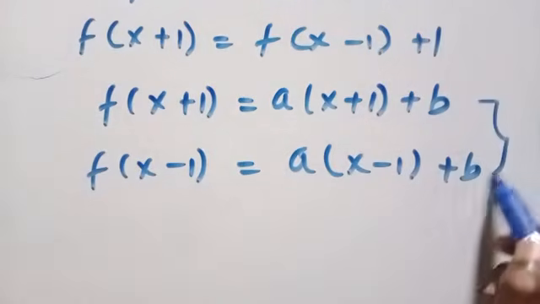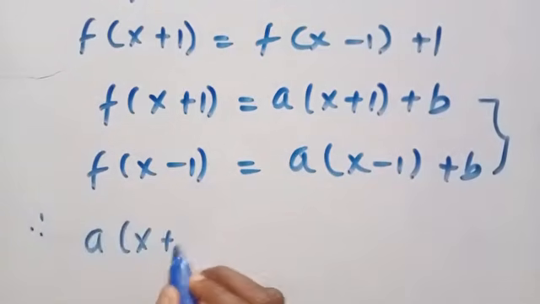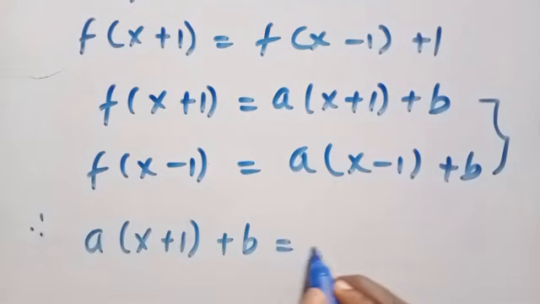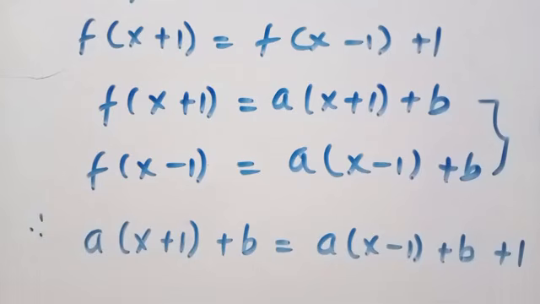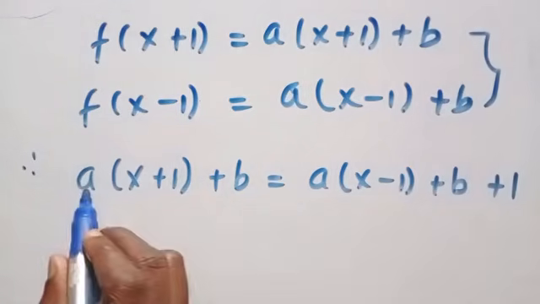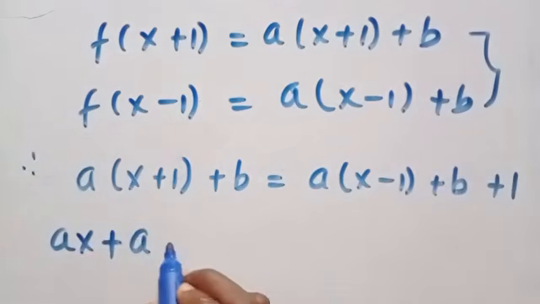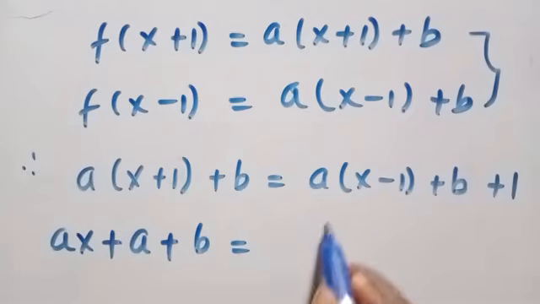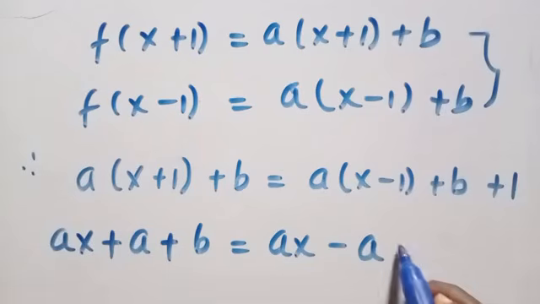By equating these together, we have a(x+1) + b = a(x-1) + b + 1. So this is what we have. When we look at these two sides, by expansion we have ax + a + b = ax - a + b + 1.